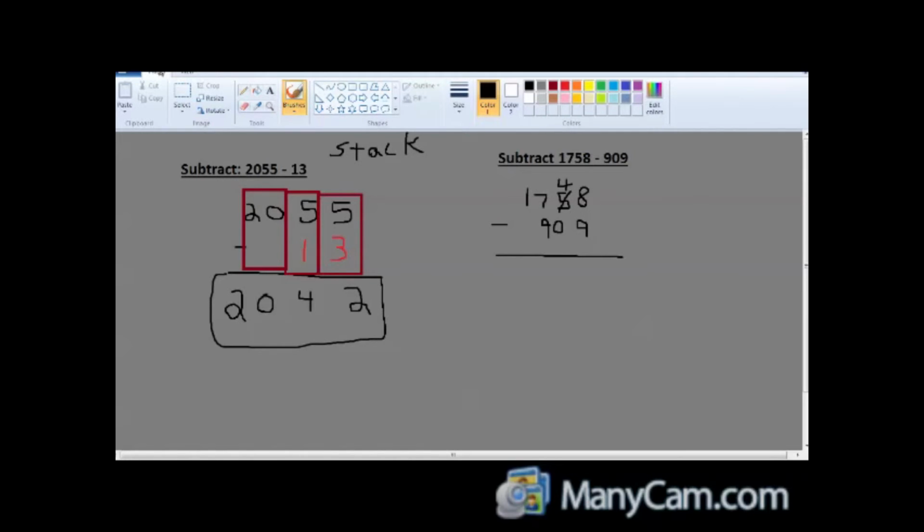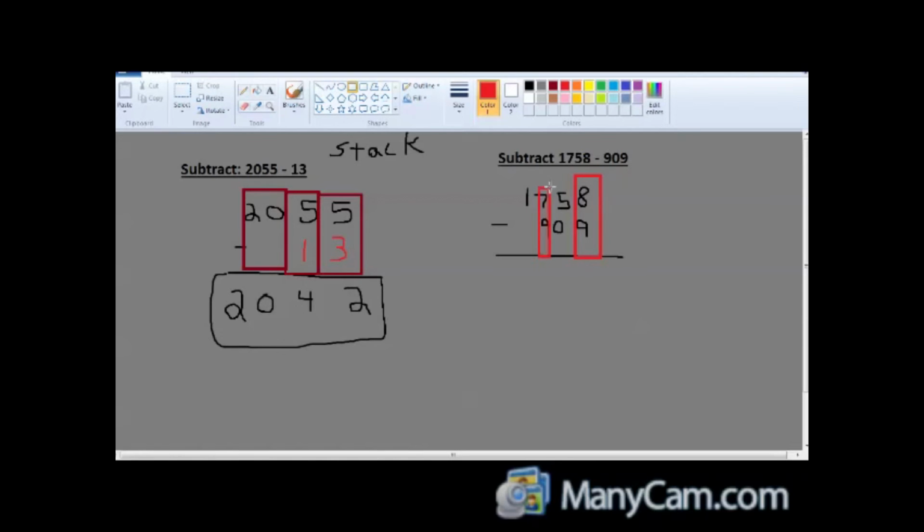Okay. Here, to make this a little easier for you to see, let's go ahead and put some boxes around these as well. Okay, so we'll put a box on the 8 and the 9. I'll make that red.